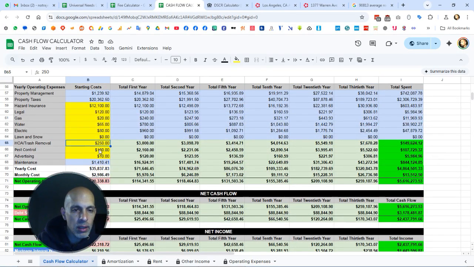So let's say now 0 for gas. No, we've got to add 200. Let's say we're at 40 for gas. That's still too low. Lawn and snow, I can add that in here now. 100. No. Let's say 50. No. 25. There we go. So we're going to put 25.